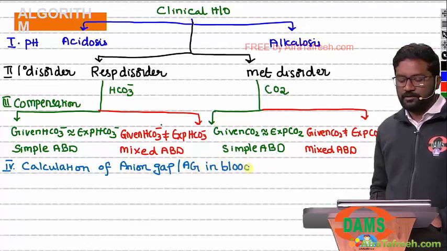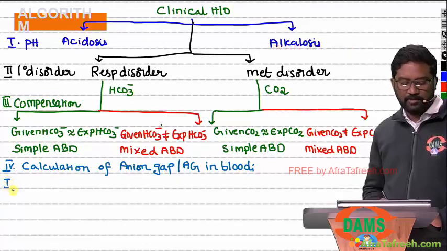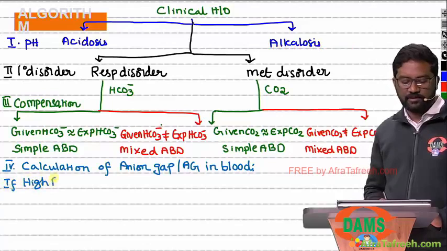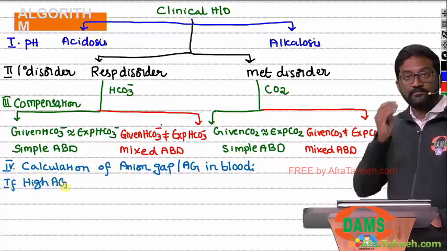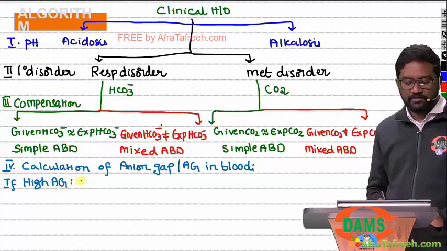Now if there is high anion gap, there is an advanced step. So this you need to know, students. Anion gap is our next topic of discussion. If there is high anion gap, there is an advanced step. What is that advanced step?